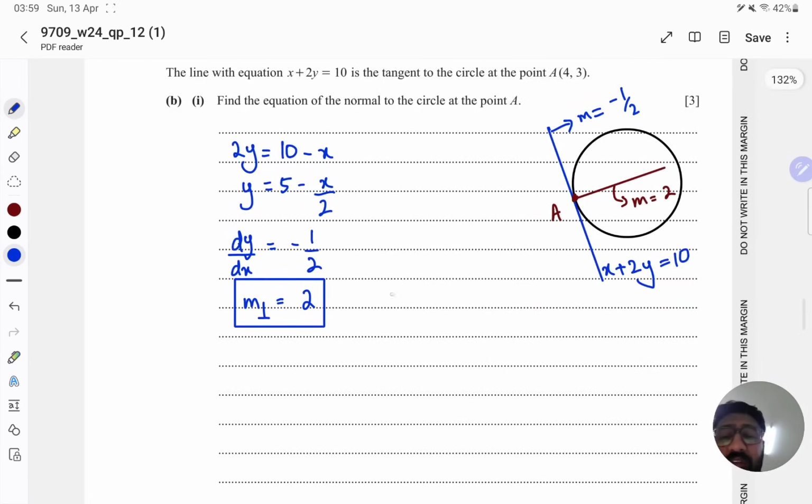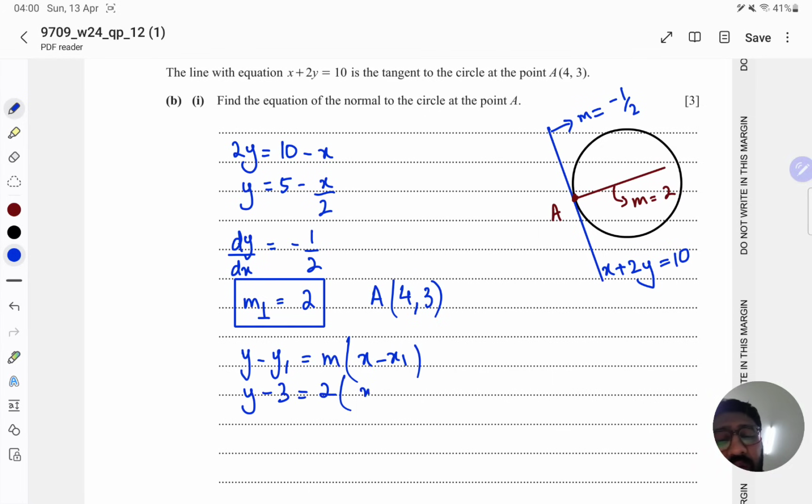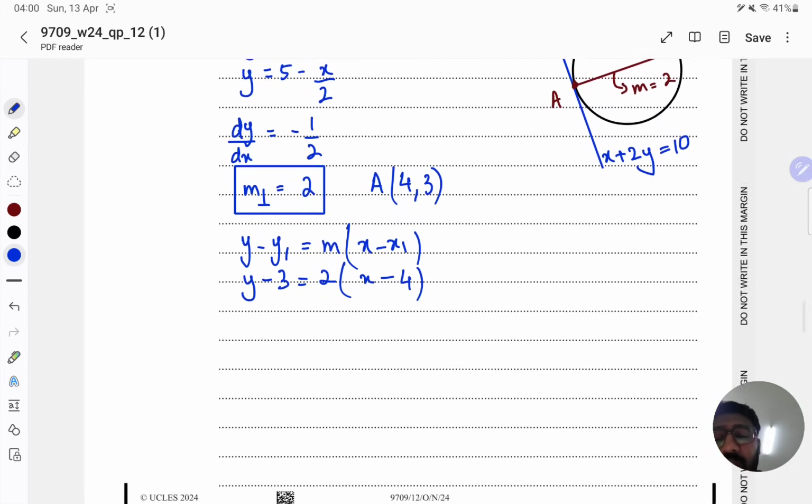We already have the coordinates of one of the points which is lying on that line, which is 4 comma 3. We just need to substitute it in the equation formula, which is y minus y1 equals m into x minus x1. So y minus 3 equals 2 into x minus 4.